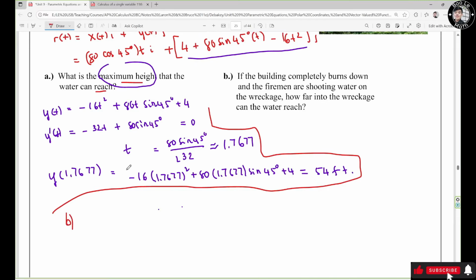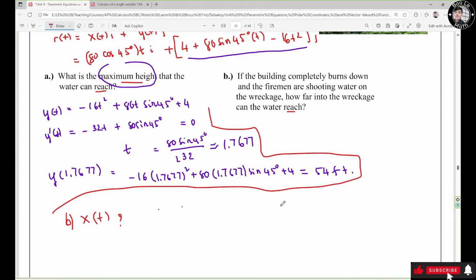Now question B. If the building completely burns down and the firemen are shooting water on the wreckage, how far into the wreckage can the water reach? So the question just asks you s of t.